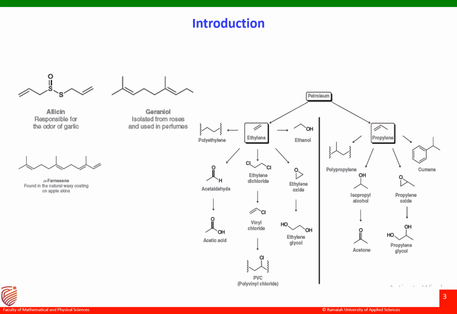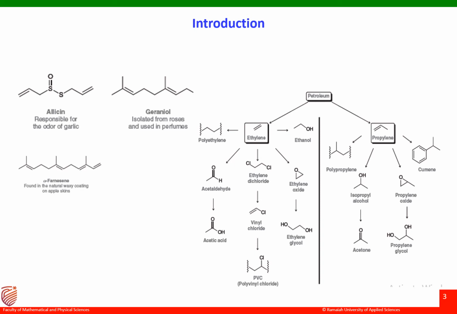Alkenes are a special class of compounds which are widely used in the chemical industry. The two most important industrial alkenes, ethylene and propylene, are widely formed from cracking petroleum and are used as starting material for preparing a wide variety of compounds.